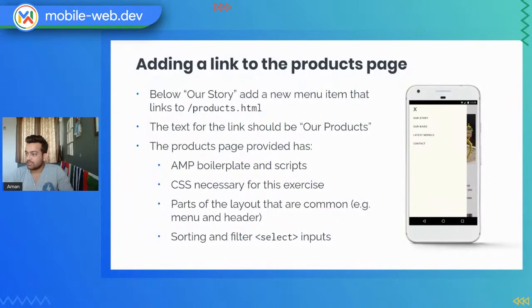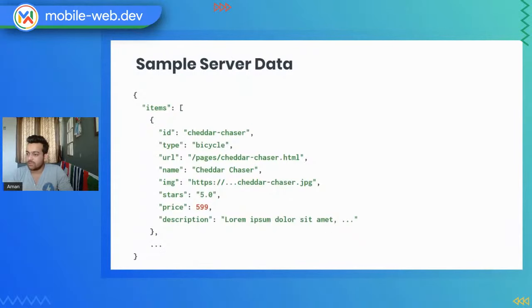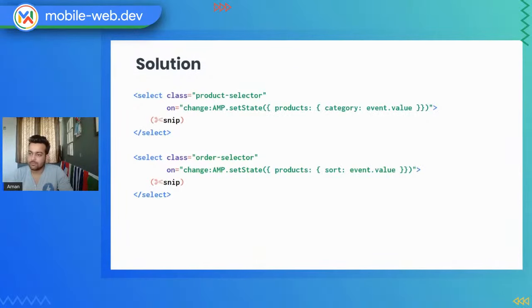So we have already put a product.html page, and now we are going to move to the product.html page. Let's say this is the example data that is coming from the backend server containing items, and then you have different objects inside the items array. This is a selector, I guess, for the filter for the product selection and order selection.